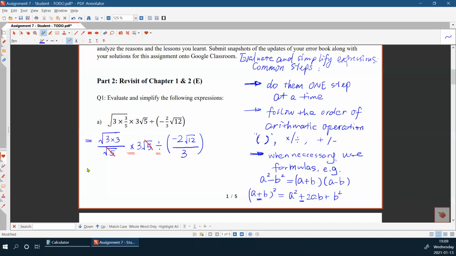Okay, the next step, 3 squared and then square root is 3, right? Times 3. Okay, divided by something is times its reciprocal, which is minus 2 square root of 12. 3 now becomes the numerator, right?